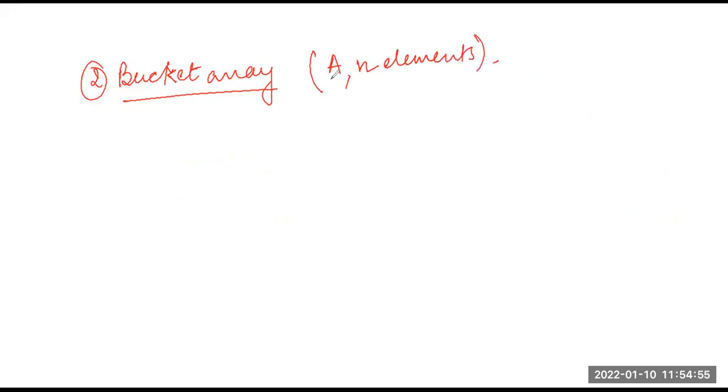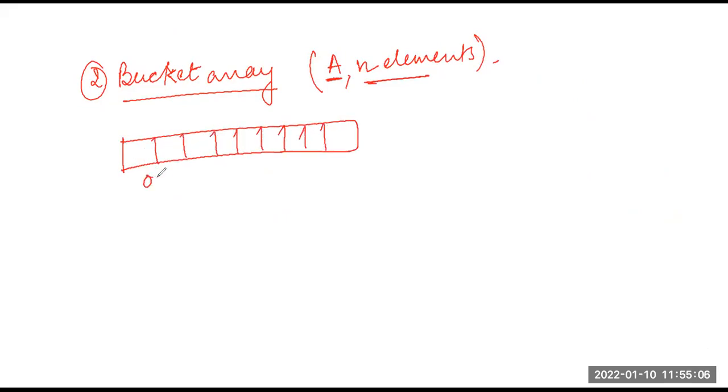Whenever I declare an array with n elements, certain index locations will automatically be created. The pairs are key and element.